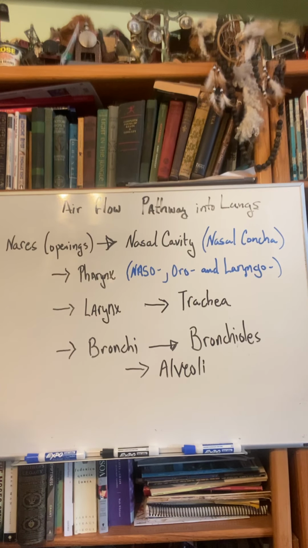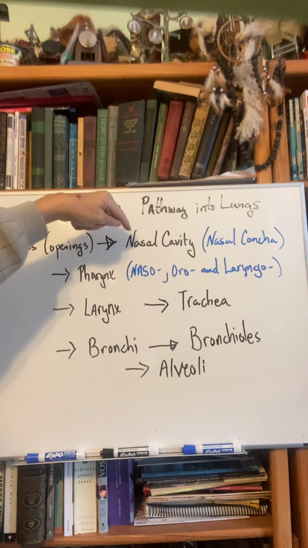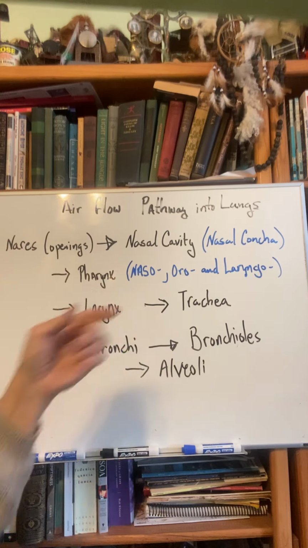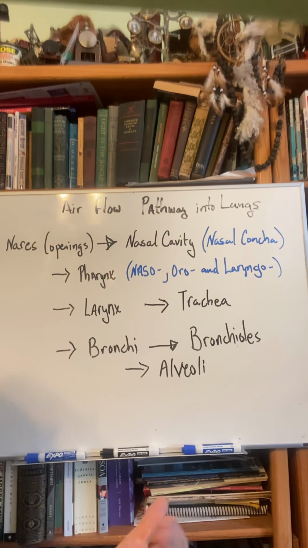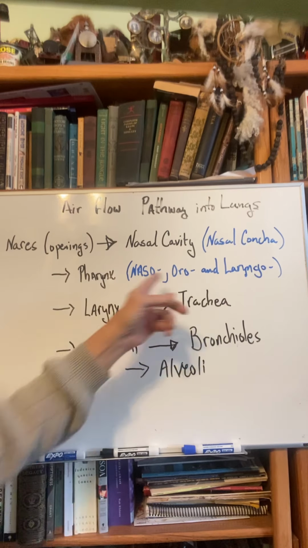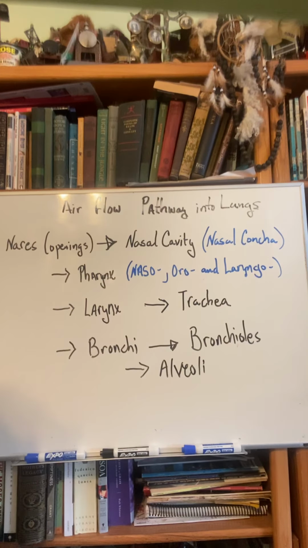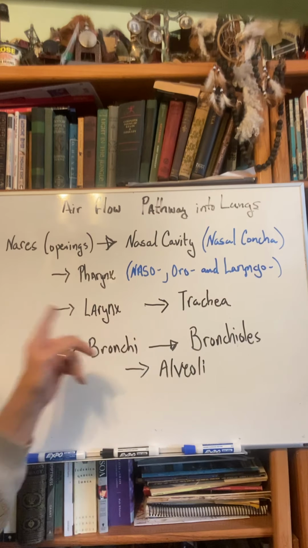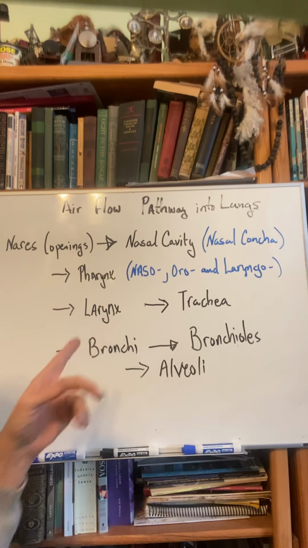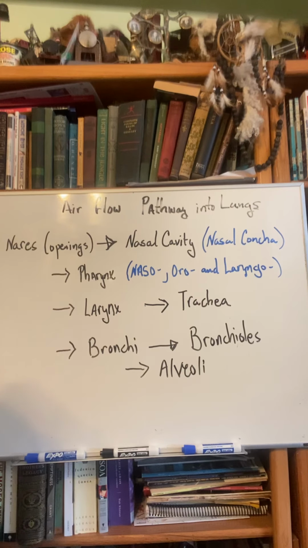And so the air is going to flow from the nares into the nasal cavity, through the pharynx, and then it's going to move anterior to the esophagus. So right at the bottom of the pharynx, at the laryngopharynx, the air moves anterior towards the front of your body into a cartilaginous structure called the larynx, and food stays on the posterior side and enters into the esophagus.